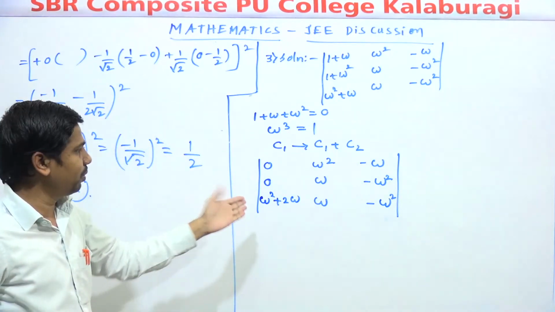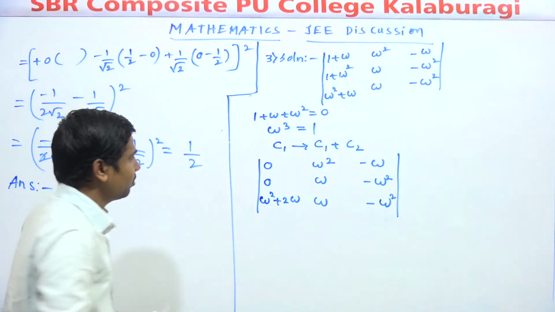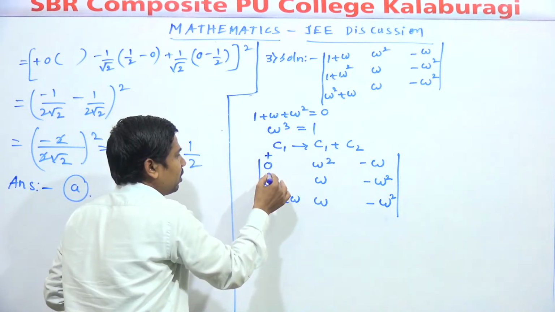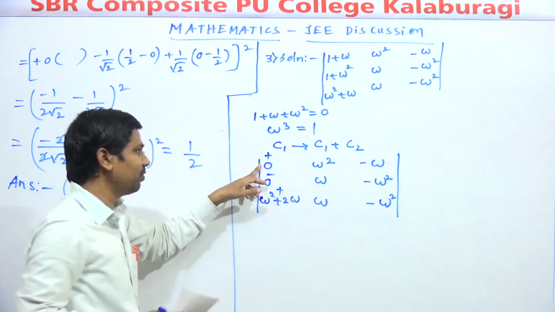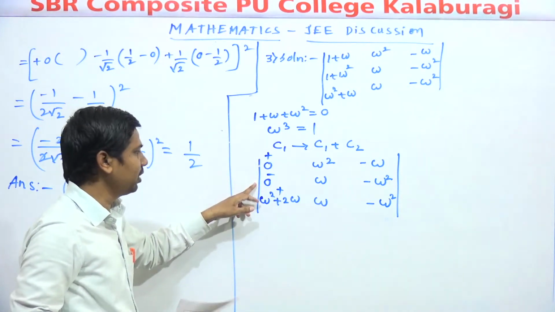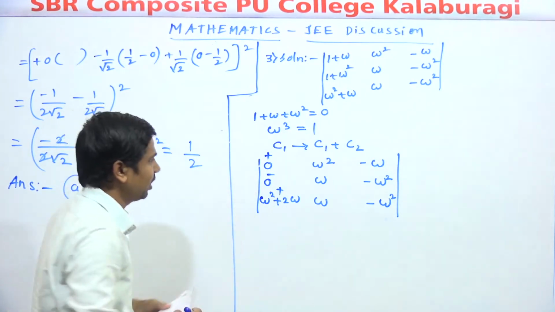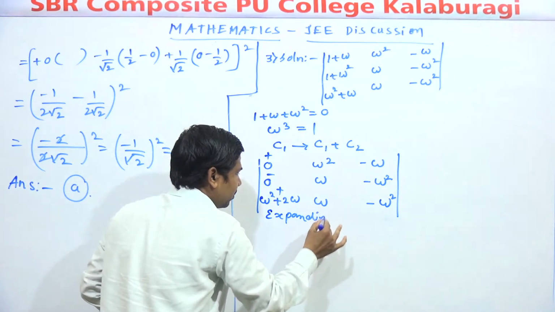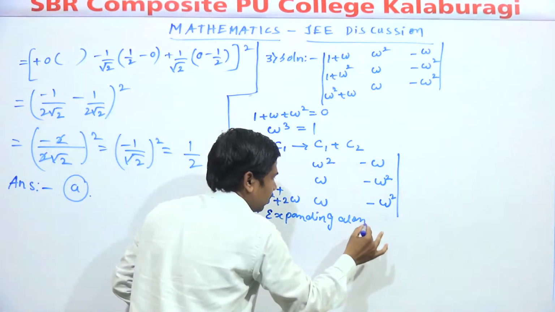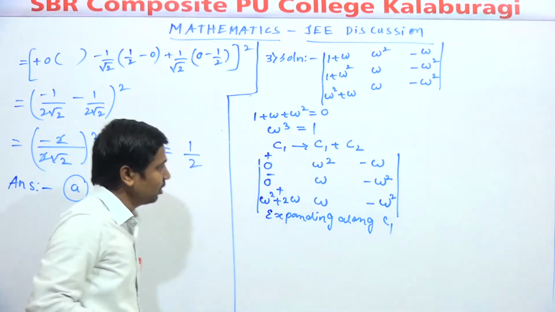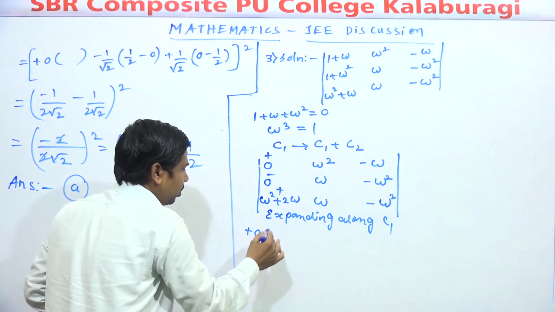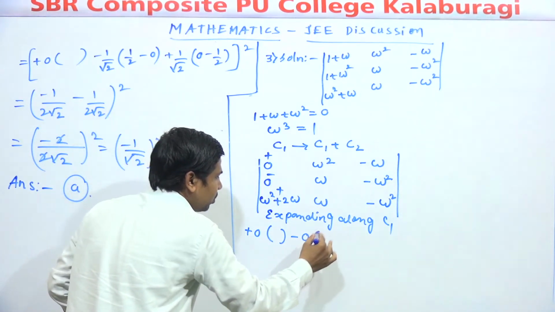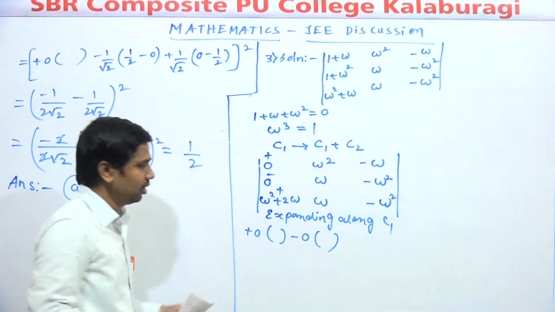Now we can expand along C1, right? So your signs are plus, minus, plus: A11 plus, A21 minus, A31 plus. Expanding along C1, plus 0 into a number is 0, minus 0 into a number is 0, not necessary.